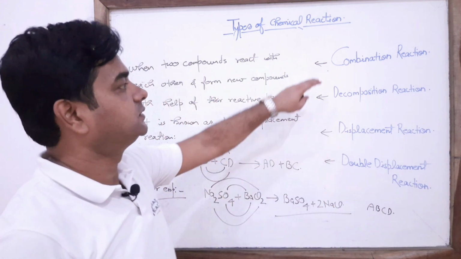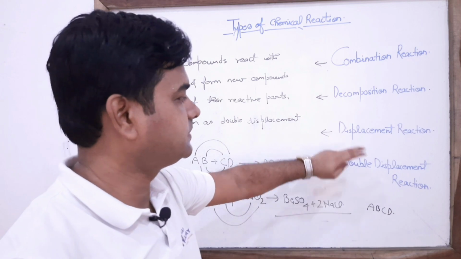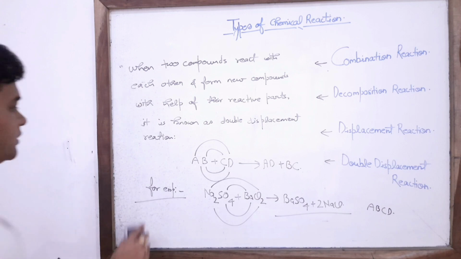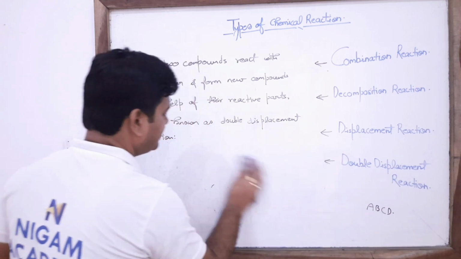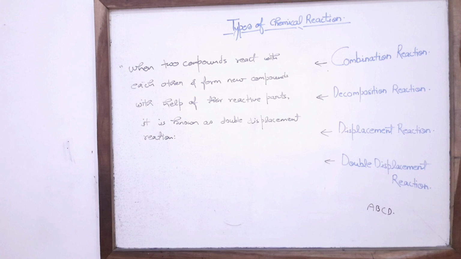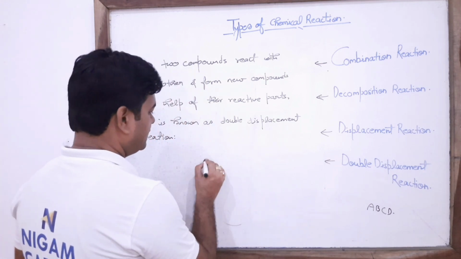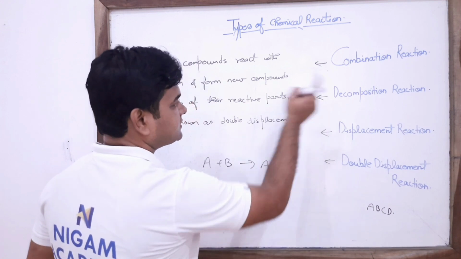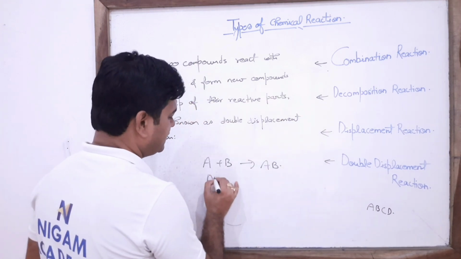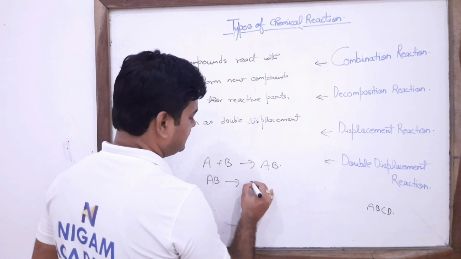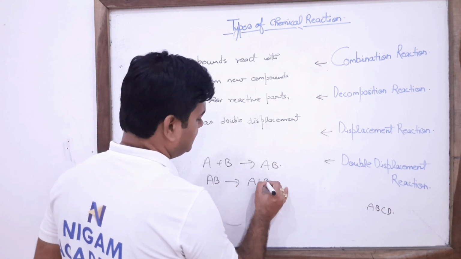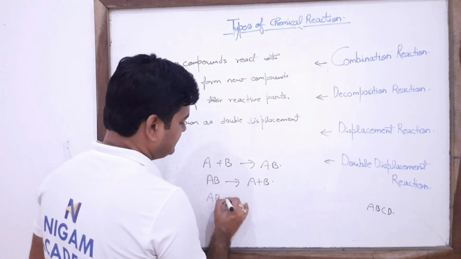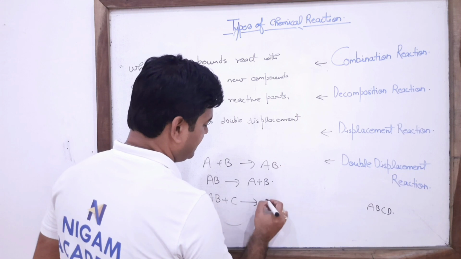So we have studied combination reaction, decomposition reaction, displacement reaction, double displacement reaction. Here is a very quick review for everything. In case of combination reaction, what will happen? A plus B, you will have AB. In case of decomposition reaction, compound AB will split up into element A and B. In case of displacement reaction, compound AB is reacting with element C, and what will happen?